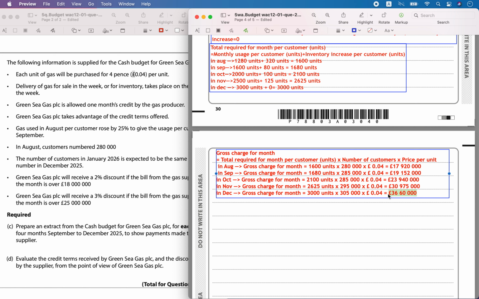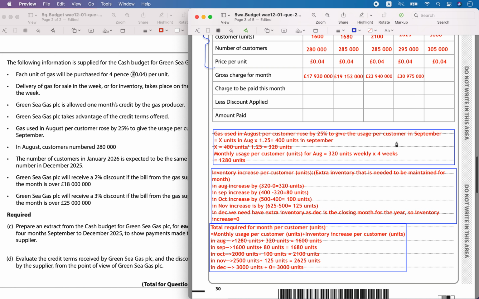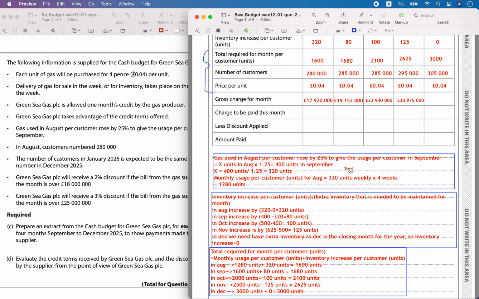So that is the gross charge paid by the Green Gas PLC for the purchase of the month.